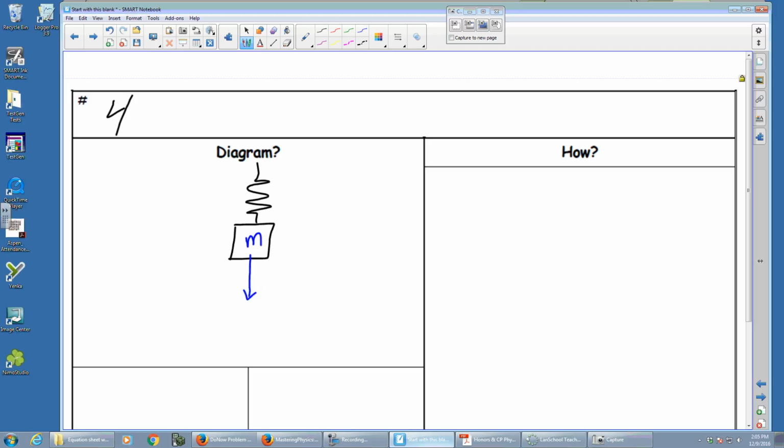Mass, down would be force of gravity, up would be force due to the spring. That's your Y. And you might add in there some words like more force, more stretch of spring.